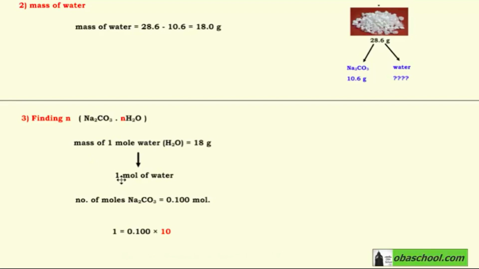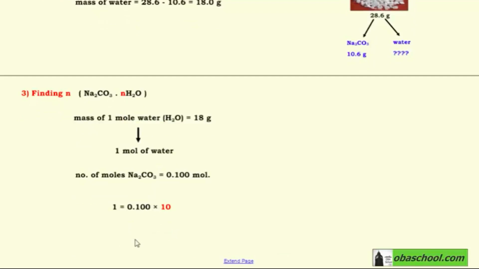So I replace N with 10. Why? Since the number of moles of water is 10 times more than the number of moles of sodium carbonate. So the formula is Na2CO3·10H2O. So we have 10 molecules of water.